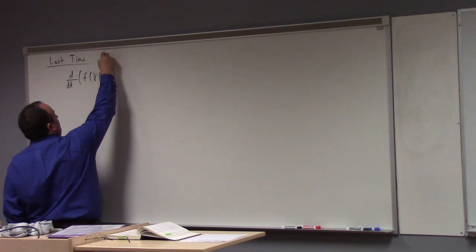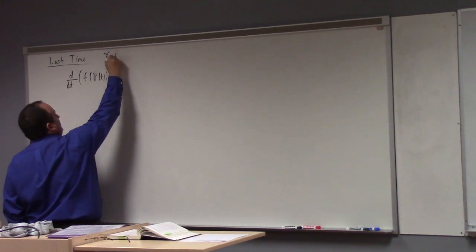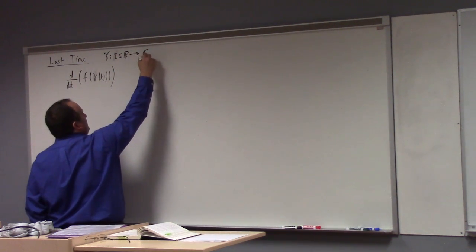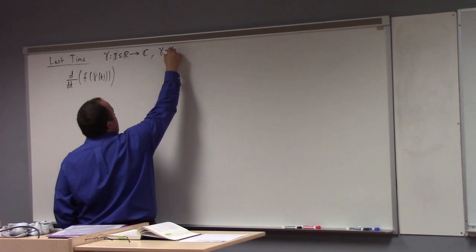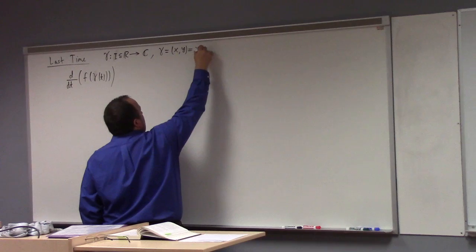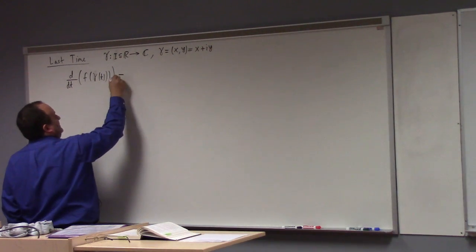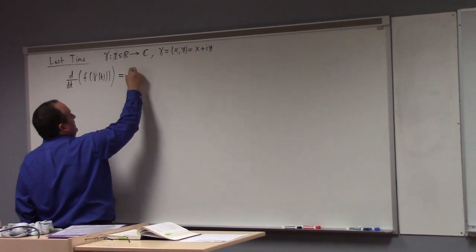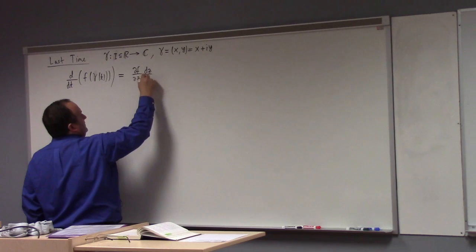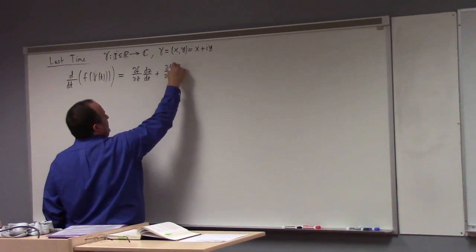Gamma is a mapping from some interval, a subset of the reals, to the complexes. We'll also write gamma as x comma y, or x plus iy if we use the complex notation, and we probably will. Then I showed you last time a proof that this could be written as partial f partial z times dz dt plus partial f partial z bar times d z bar dt.